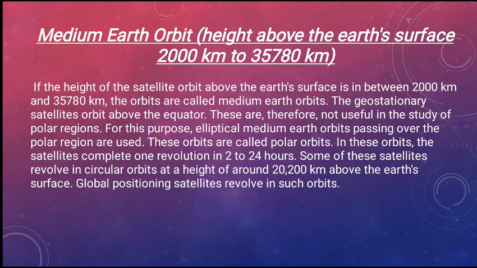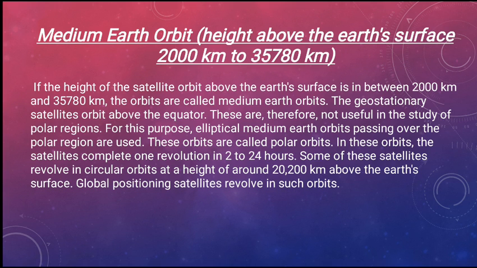These orbits are called polar orbits. In these orbits, the satellites complete one revolution in 2 to 24 hours. So in 2 to 24 hours, the satellite will complete one entire revolution.